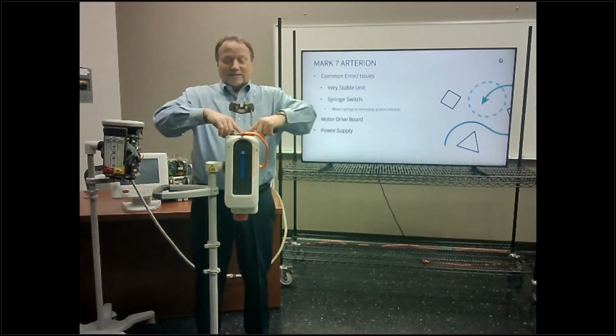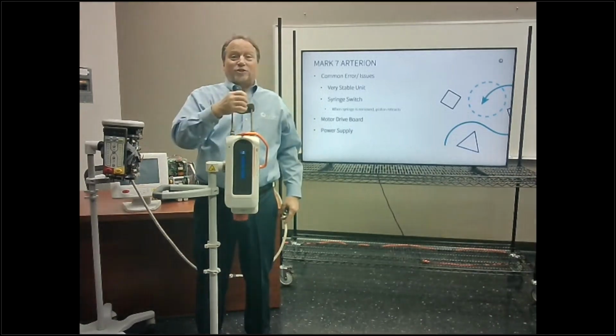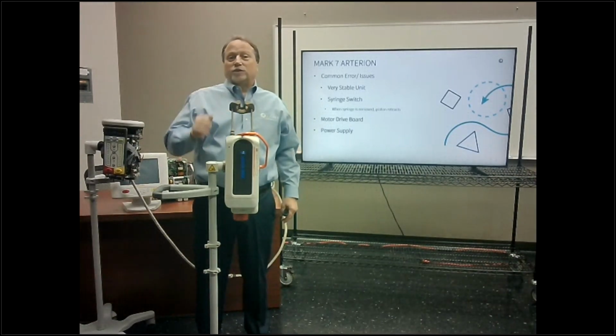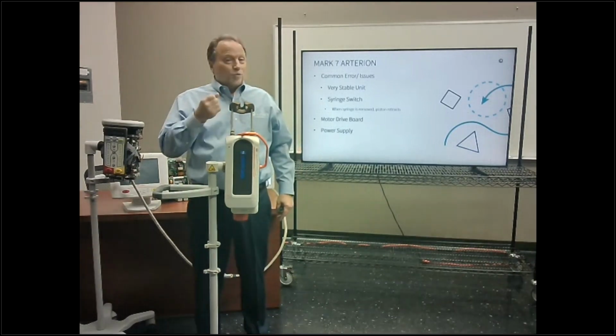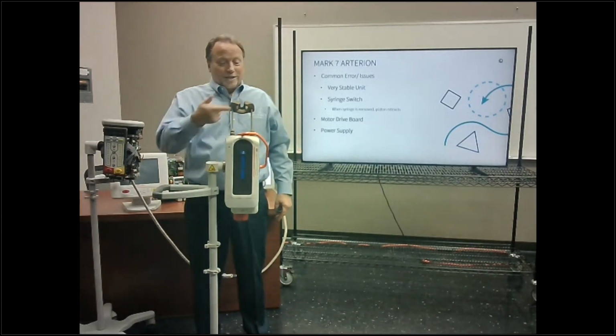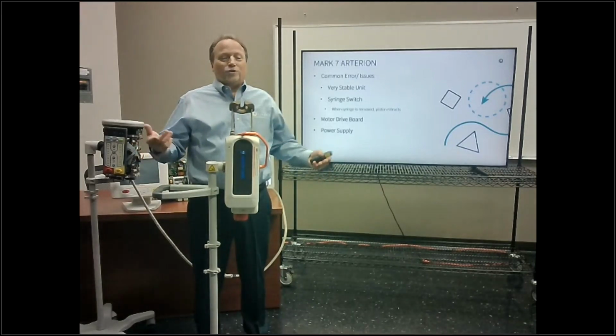The contrast has leaked and actually glued this pin down. So when they take the syringe out, guess what doesn't happen? That piston does not retract. It's up here someplace. They can't get a new syringe in. So they're down. And you get the call.